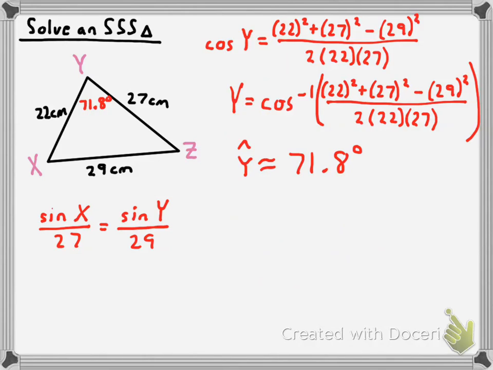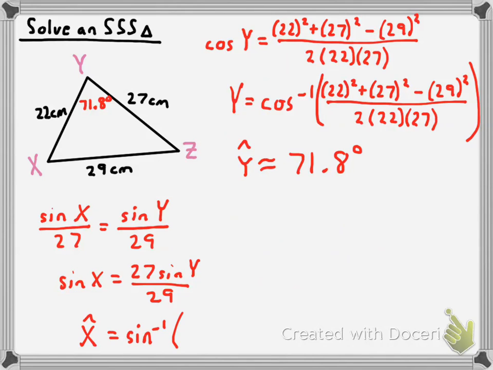And then the sine of X would be equal to 27 times the sine of Y over 29. And so the measure of angle X is going to be equal to the sine inverse of 27 times the sine of Y over 29.